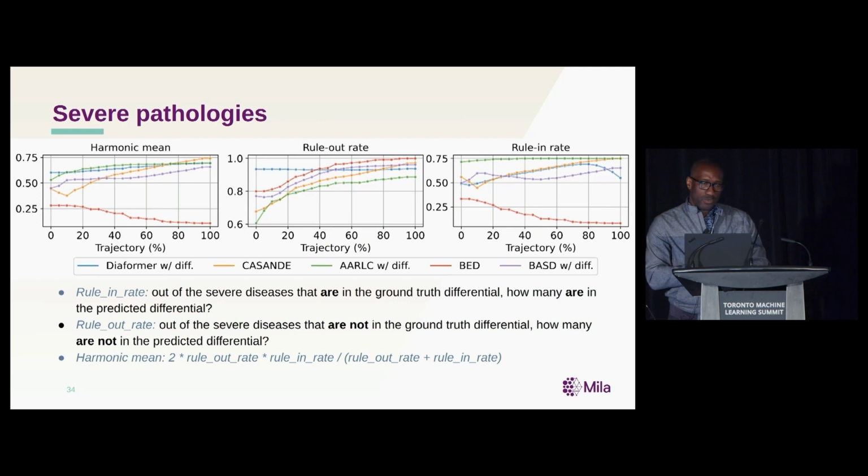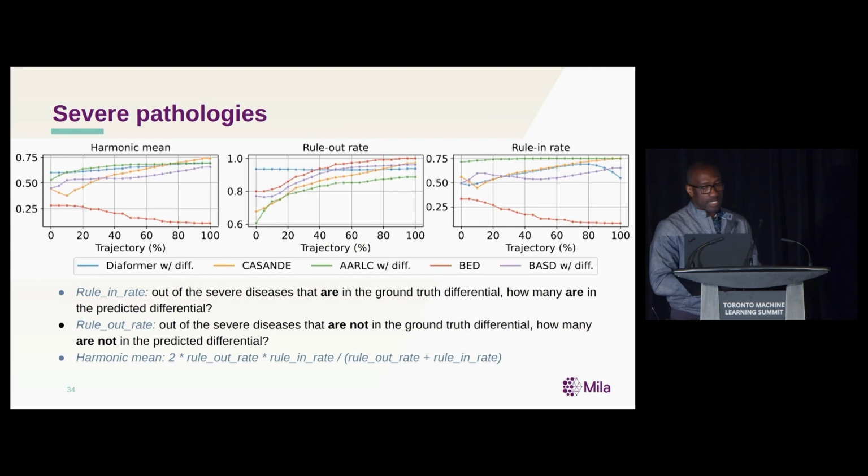Here we wanted to analyze the pace at which severe pathologies are ruled in or ruled out of the differential diagnosis. So the rule-in rate tries to capture, out of the severe diseases that are in the ground truth differential, how many are in the predicted differential.